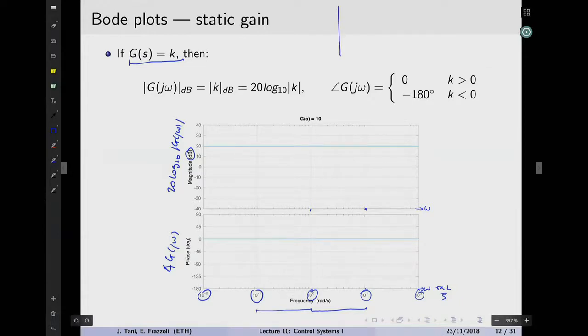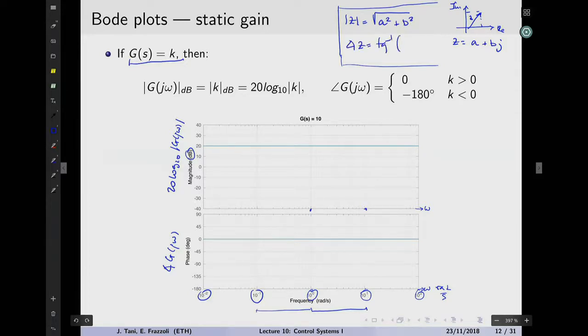Just so that we keep it in mind for the rest of the class, don't forget that if we have any complex number z, with this being the real axis and this the imaginary axis, and z is equal to a plus bj, where a is the real part and b is the imaginary part, then the magnitude of z is nothing but the square root of the squares of the imaginary and the real parts, and the phase is nothing but the inverse tangent of the imaginary part over the real one. Everybody agrees with this, right? This is like in our bloodstream now.